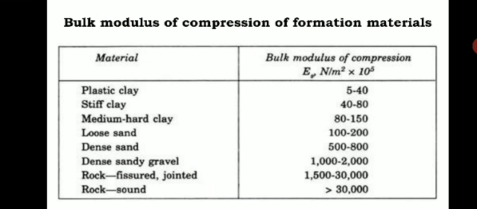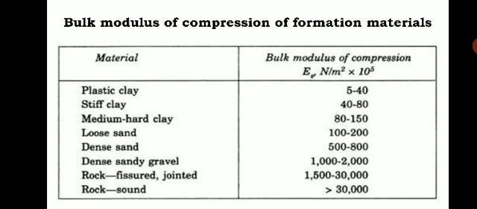Here the unit for Es is Newton per meter square into 10 raised to 5. The sand has a bigger grain size than the clay. If it is loose sand, the value of Es is 100 to 200 Newton per meter square into 10 raised to 5. If it is dense sand, it is 500 to 800.